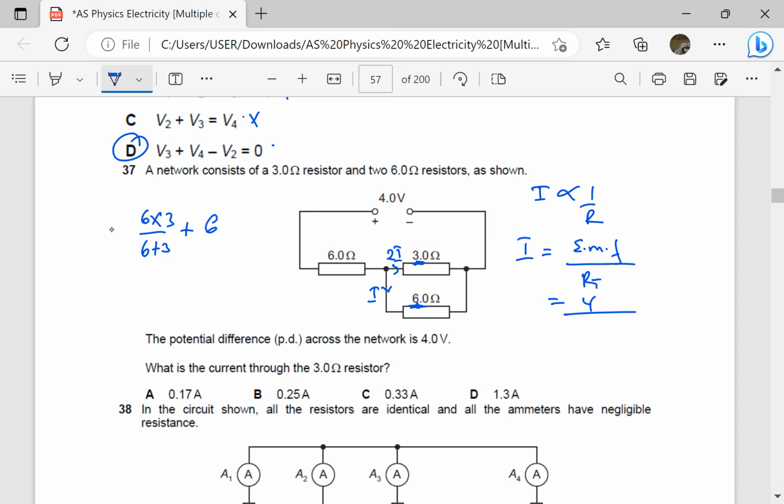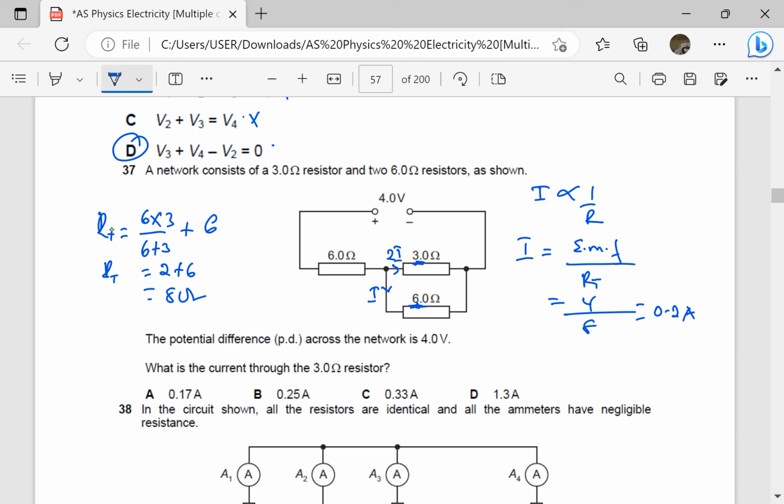So that is 18 over 9, which is 2. I'm finding total resistance, remember. So that is 2 plus 6, which is 8. So this is going to be 8 ohms. Total current is 4 over 8 ohms, which is 0.5 amperes. So that is the total current.